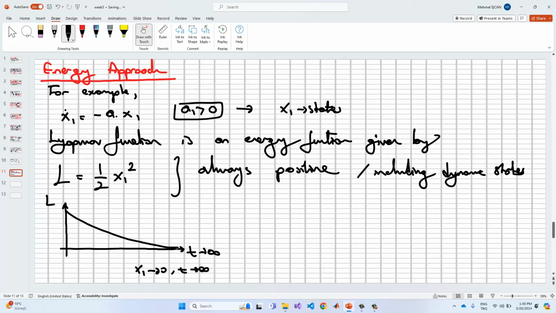And so how can we do that? If we know this term, we can check the derivative of this term because it's the energy form dynamics. Okay, and then L dot is equal to 2 times 1 divided by 2 times x1 dot x1.